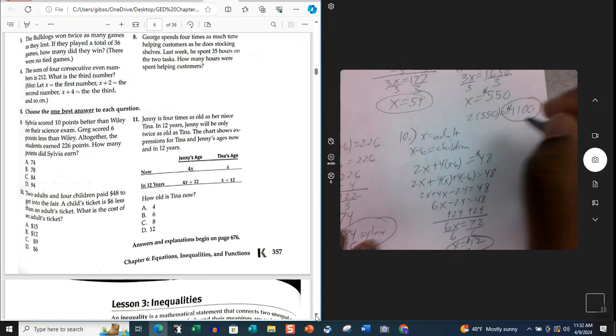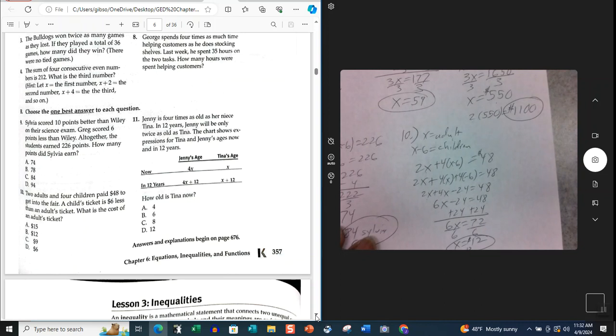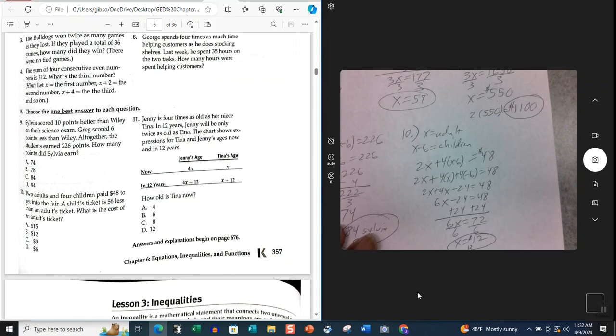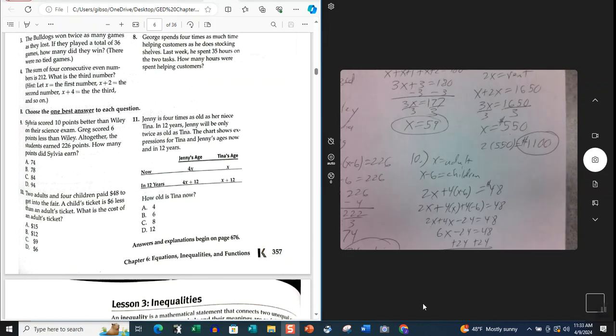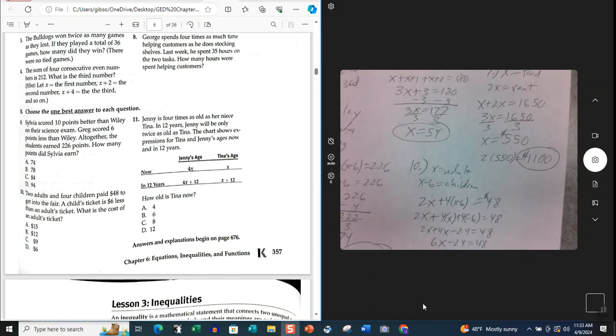Okay, now we come here to the last problem. Jenny is 4 times as old as her niece Tina. In 12 years, Jenny will be only twice as old as Tina. The chart shows expressions for Tina and Jenny's ages now and in 12 years. How old is Tina now? Okay, so what we would need to do is look at the amount in 12 years.